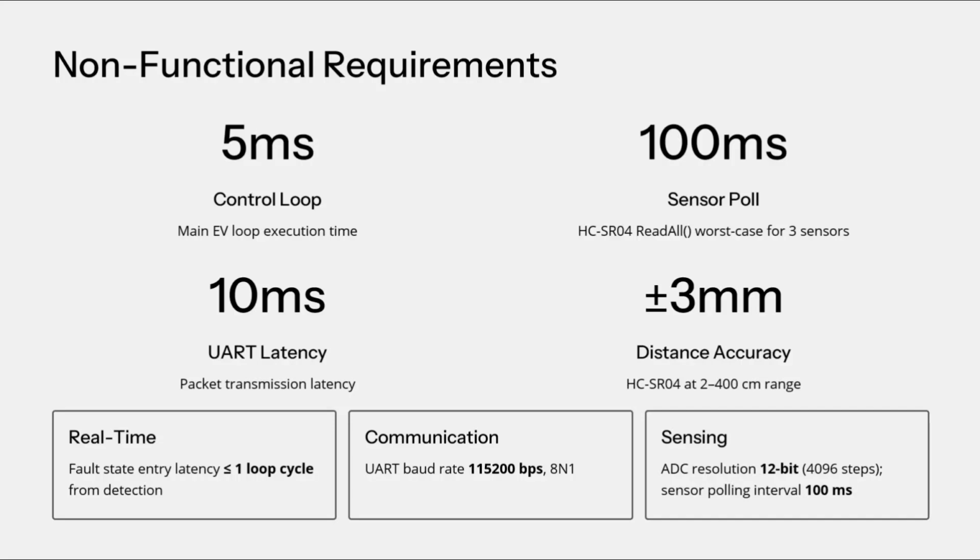The non-functional requirements: the system is designed to work in real time with fast response, accurate sensing, and reliable communication so that warnings are generated without any delay. There is no delay because our control loop takes 5 milliseconds. Main EV loop execution time is this.